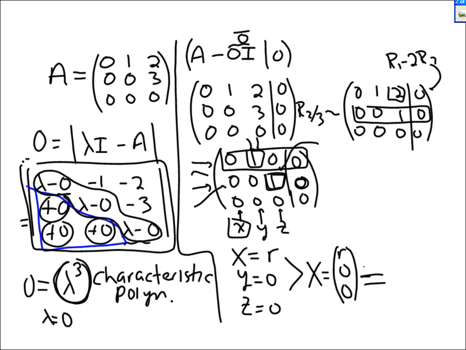And if I let r be 1, I get 1, 0, 0. And that's my answer. When lambda is 0, X is 1, 0, 0.